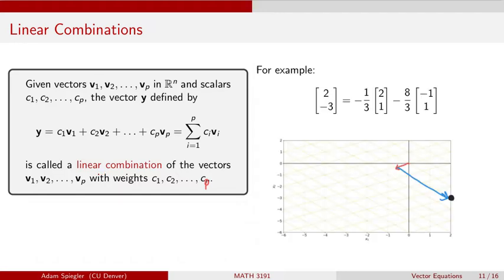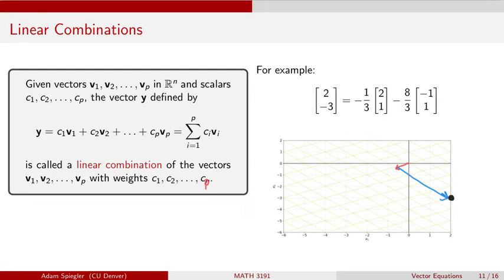So for example, we worked in the previous video with these vectors 2, 1, and minus 1, 1. The picture here is that we can think about a city which lives in R2, and we have a grid system of streets. Some of the streets run parallel to 2, 1, and the other streets run parallel to minus 1, 1. So if I'm only allowed to walk in these directions, how could I wind up at some other vector, which is, in this case, 2, minus 3.